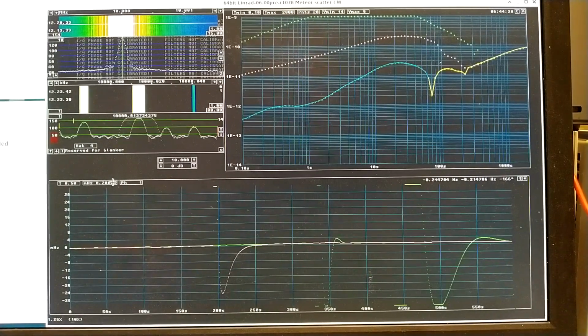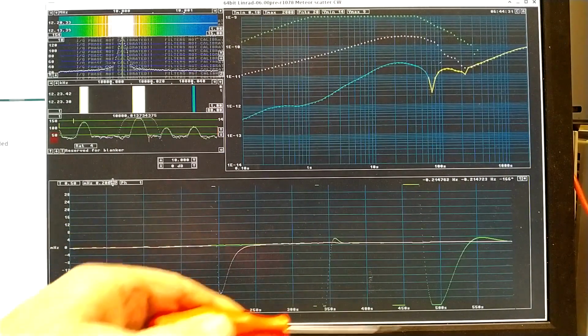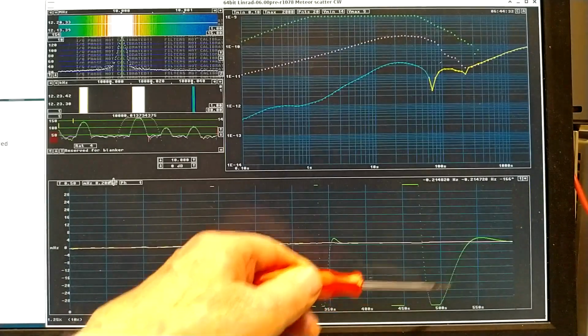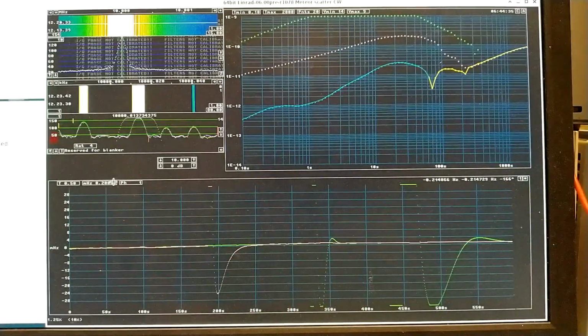This oscillatory behavior is fairly strong, damped here, and then here it's a factor of about 10. Logarithmic decrement, I think it's called.